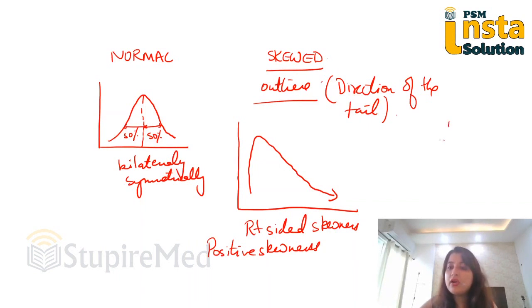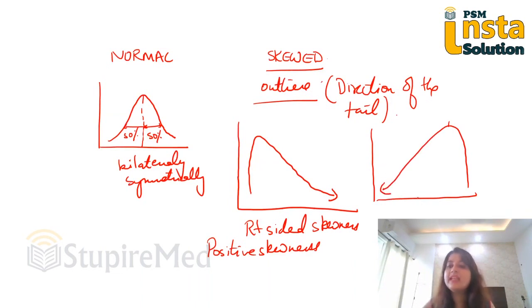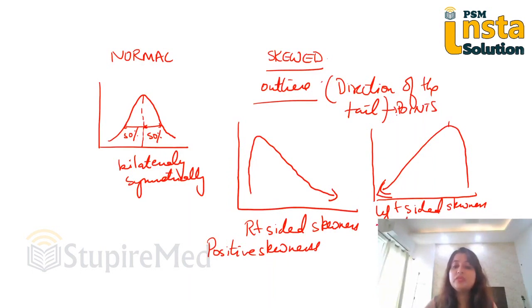And if I draw another diagram like this, look at the direction of the tail. This is pulling my data to the left side. You have to look at which direction the tail points. Here the tail points to the left. So this becomes a left-sided skewness, which is also known as negatively skewed data.